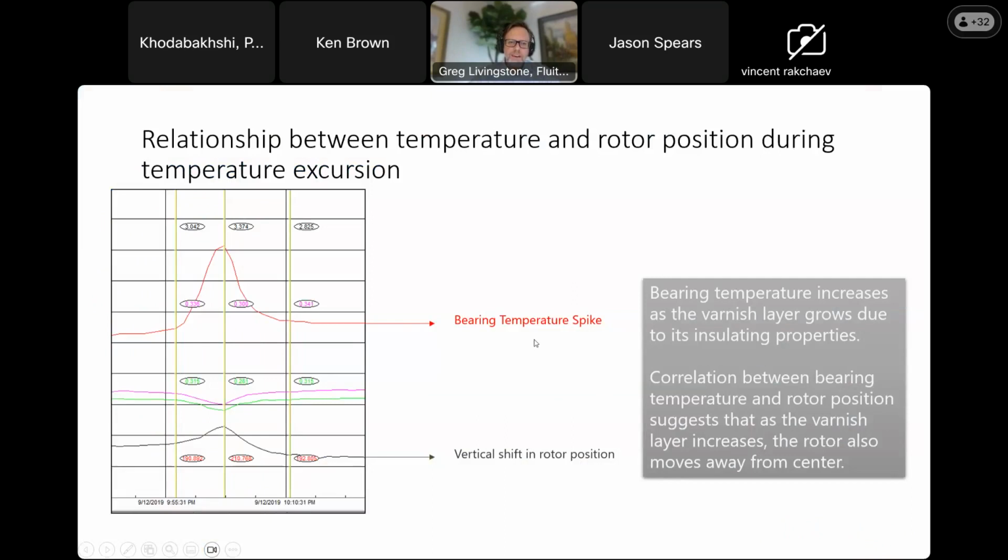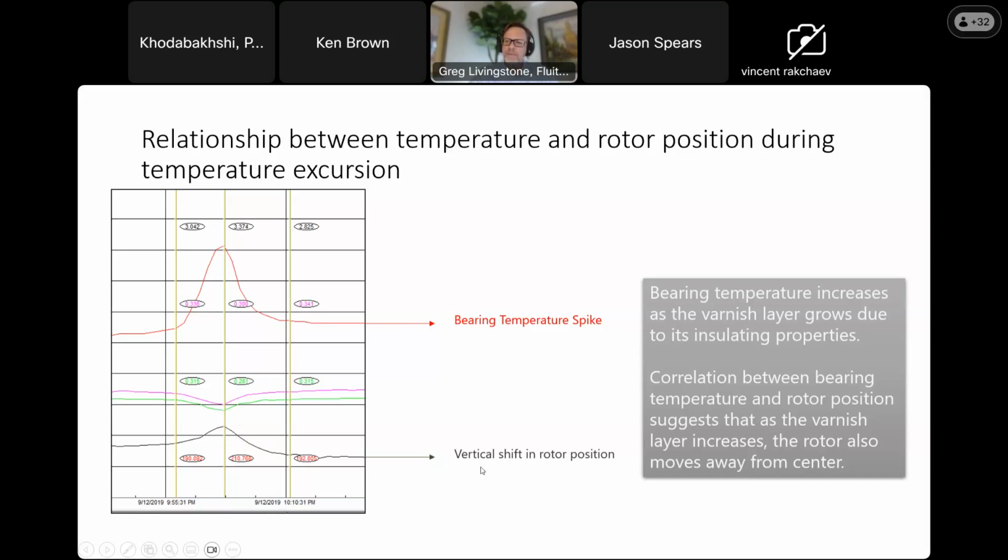Another thing that we have noticed that's quite interesting: when you see temperature spikes on bearings that have varnish deposits on them, often we'll actually see a shift in the rotor position as well. So this is a timestamp of a bearing temperature spike event, and we also see this correlating shift in rotor position.